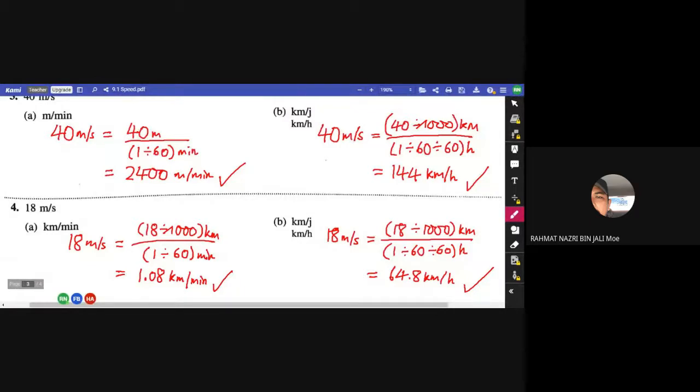Do not miss the unit, the final unit. So you have to write down the unit: km/h, m/minute, km/min.